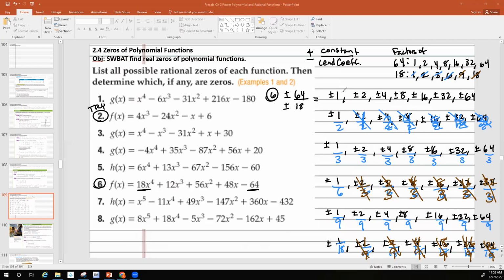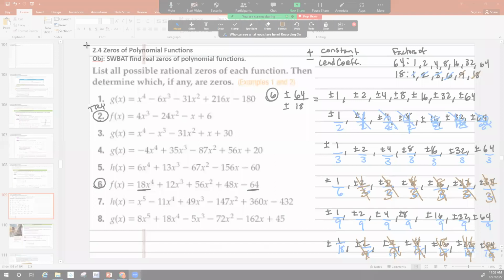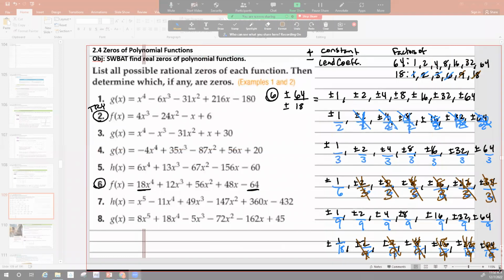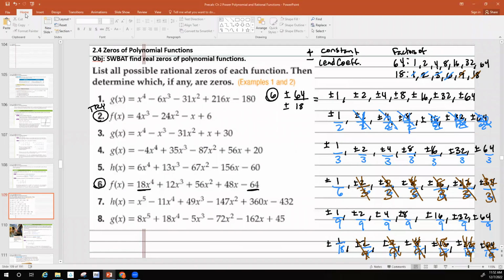Okay, so that's how you find the possible rational zeros. Now let me take a picture of this because I'm going to erase something, so I have enough space to do anything else. Yeah, 2's not going to be too bad. So yeah, try 2.